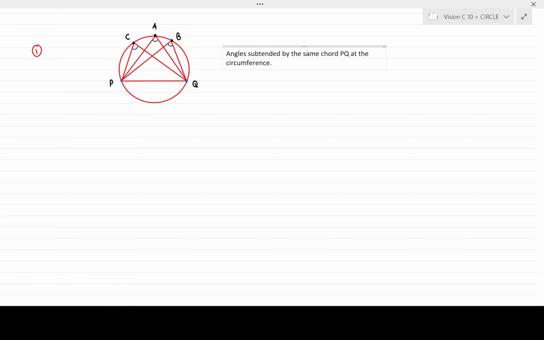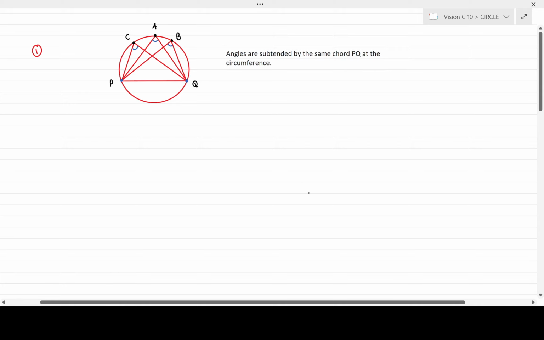Angles subtended by the same chord PQ at the circumference. Why are these angles equal? Because angles are subtended by the same chord PQ at the circumference. You will write angle A equals angle B equals angle C. Reason: angles are subtended by the same chord PQ at the circumference.